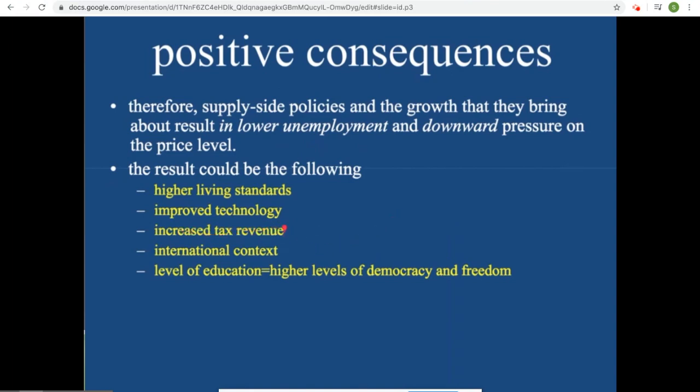So there's definitely an increased tax revenue, and that tax revenue can also be a cause for more economic growth. That's because we are speaking about these supply side policies, right? So the supply side policies also have investment as a key factor. So that increased tax revenue can be used to invest.